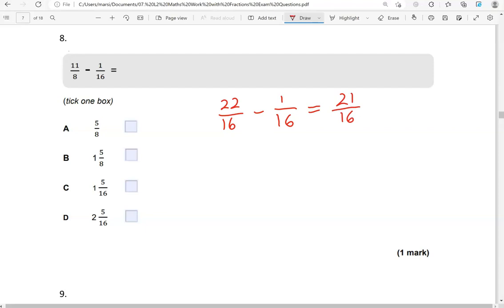So 21/16. So if I take away 16 from the 21, that leaves me with 5. So it's 1 and 5/16, which is option C.